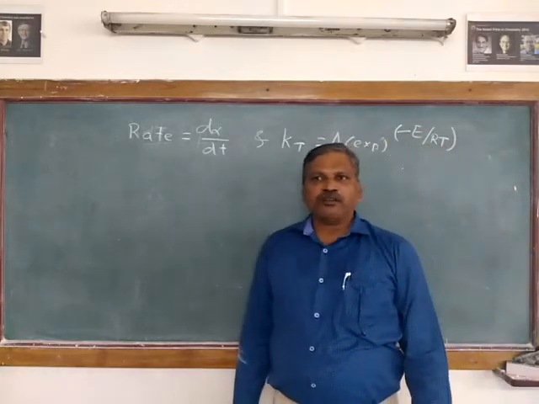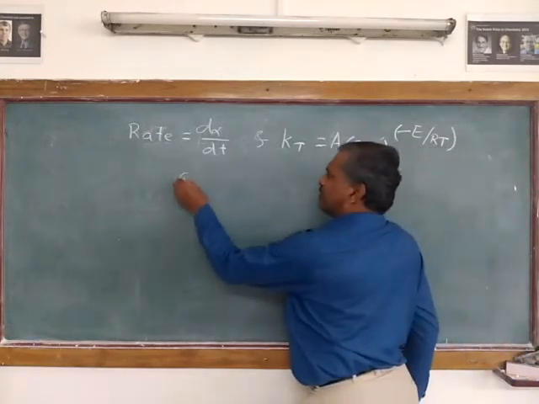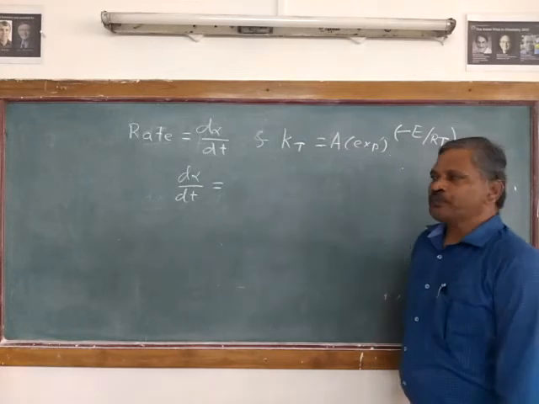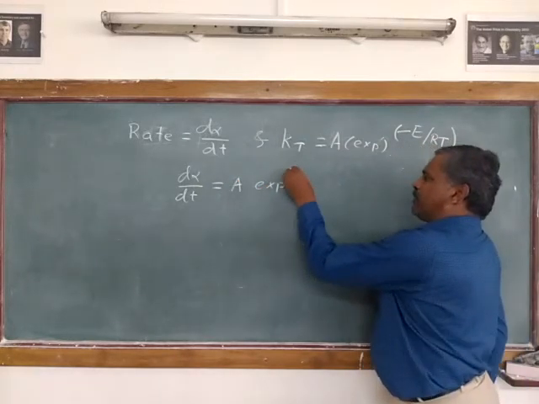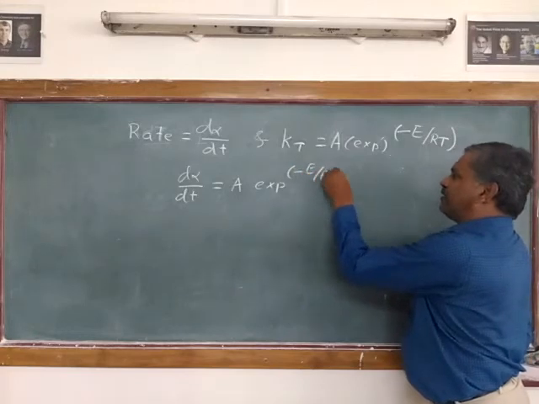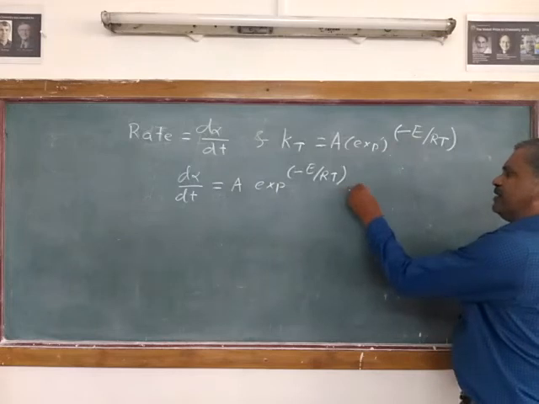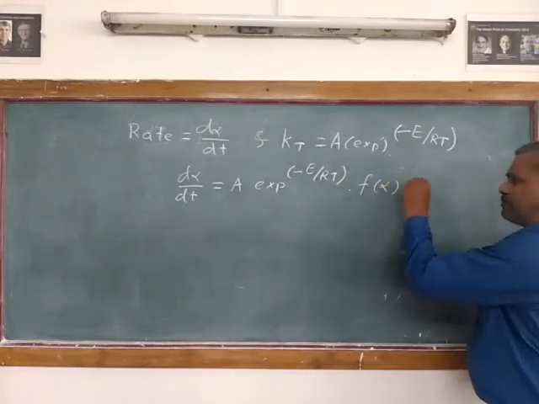From these two equations, we have the relation d alpha by dt is equal to A exponential minus E by RT, multiplied by a function of alpha.